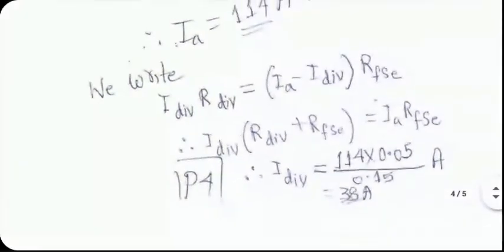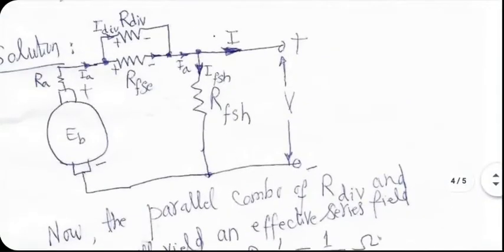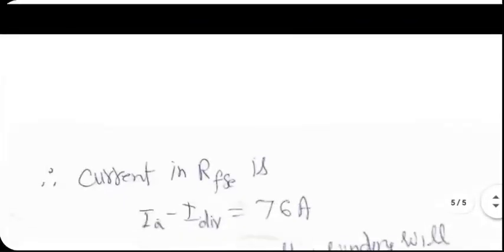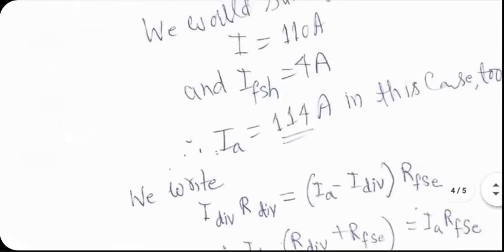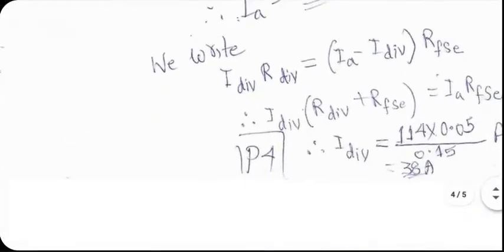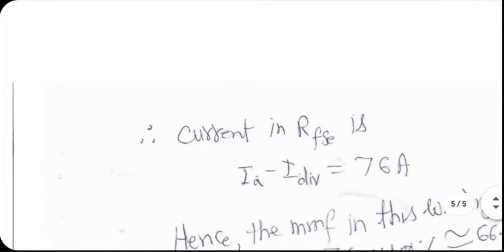Once that is known, IA minus 38 amperes will give you the current going through the series field winding. IA was 110 amperes, right? From there, you subtract 38 amperes, you get 76 amperes, I think. Sorry, IA was 114 amperes, my mistake.